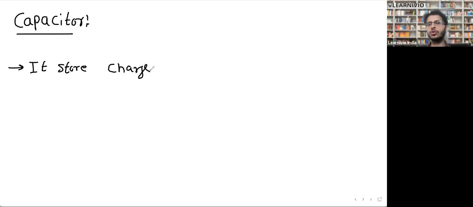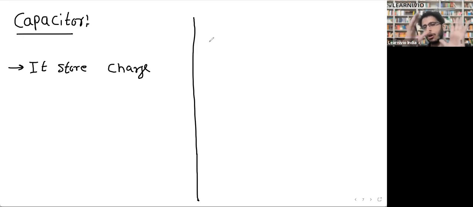What does a resistor do? A resistor offers obstruction in the flow of current. So we'll be doing circuits of capacitor and resistor simultaneously. Every circuit that you can make with resistor can be repeated with capacitor, so we will not waste our time.